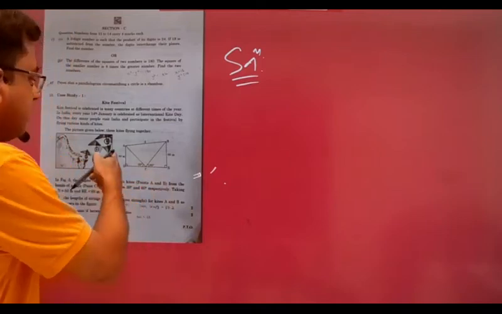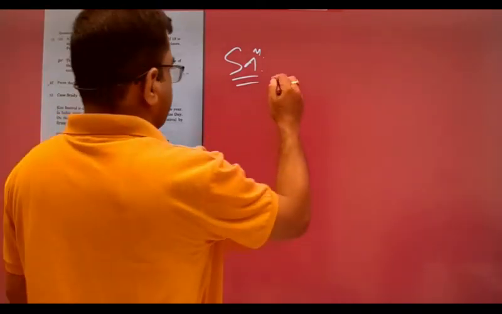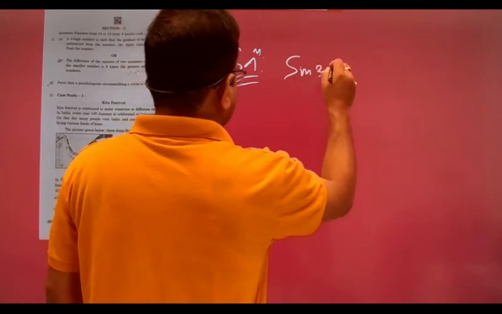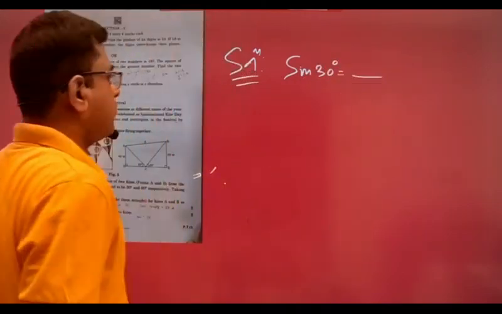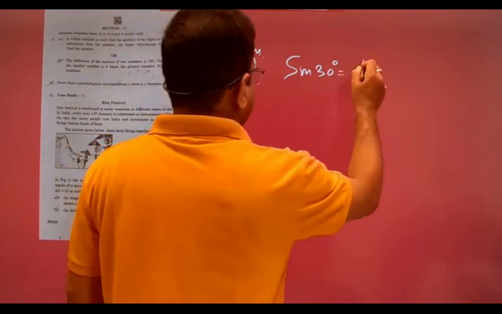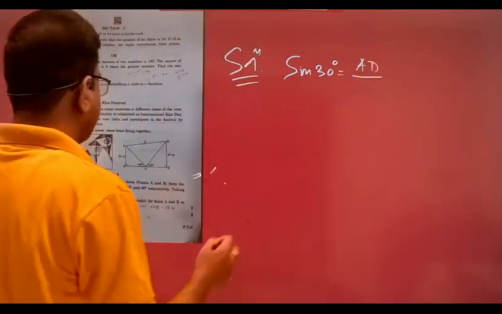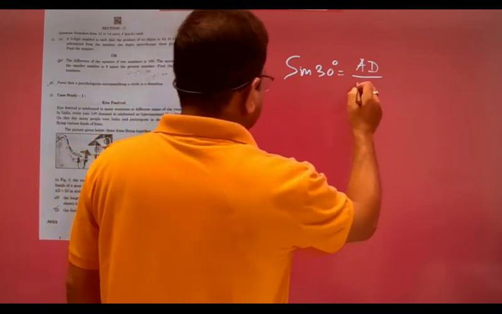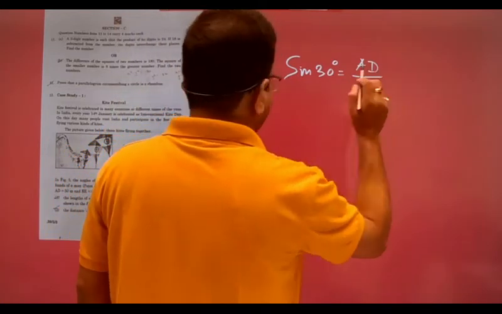In triangle ADC, sine 30 degrees equals perpendicular divided by hypotenuse. Here the perpendicular is AD and the hypotenuse is AC.